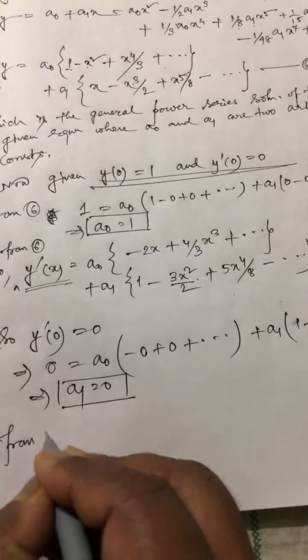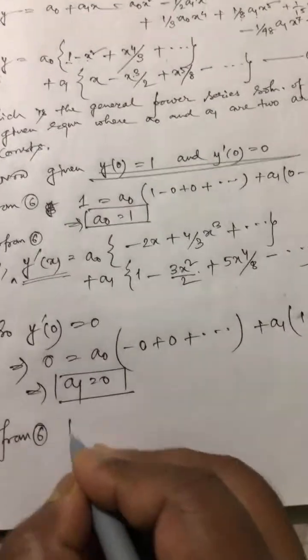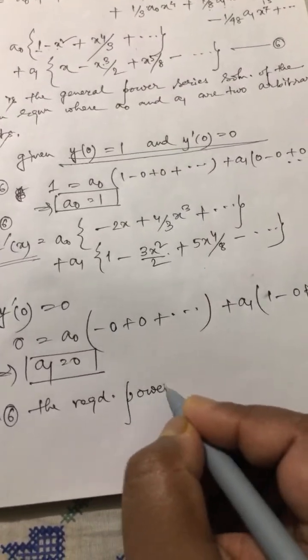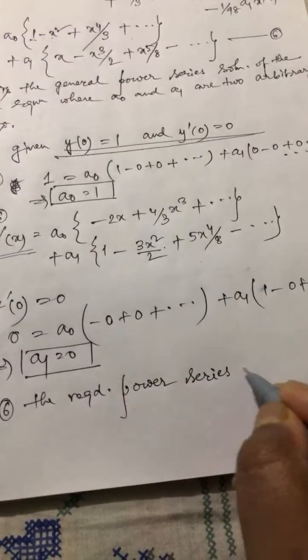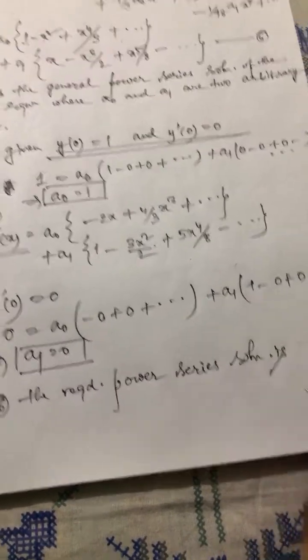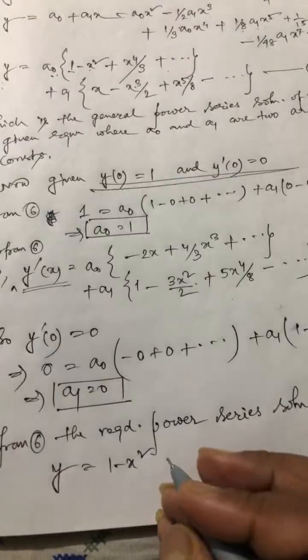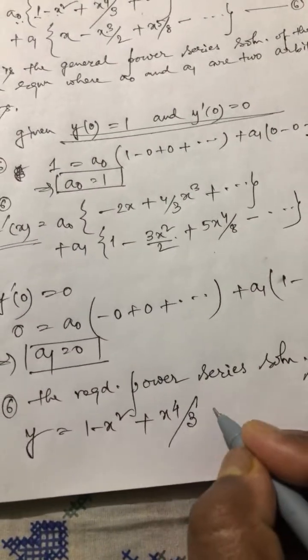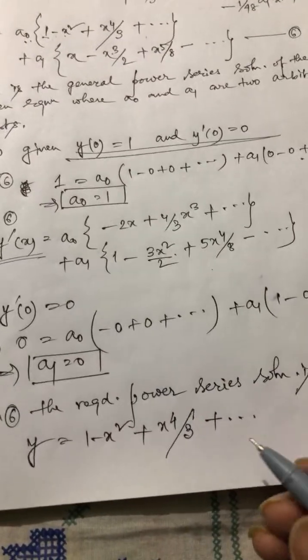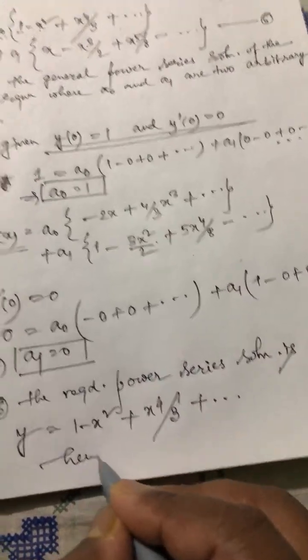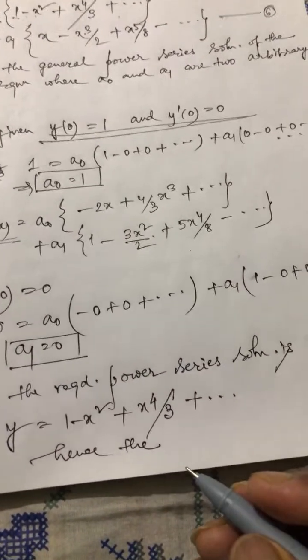So from 6, the required power series solution is, already a naught is 1, so the result is 1 minus x square plus x to the power 4 by 3 plus dot dot dot. This will be your final structure. Hence the result.